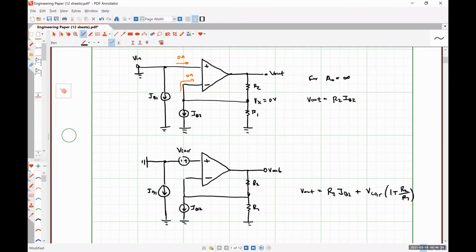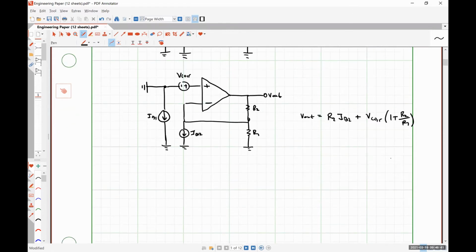So since we want the corrective voltage to make our output go to 0, it stands to reason that R2 times IB2 has to be equal to negative V correction times 1 plus R2 over R1.